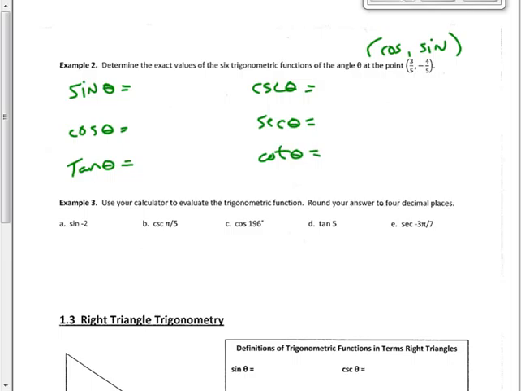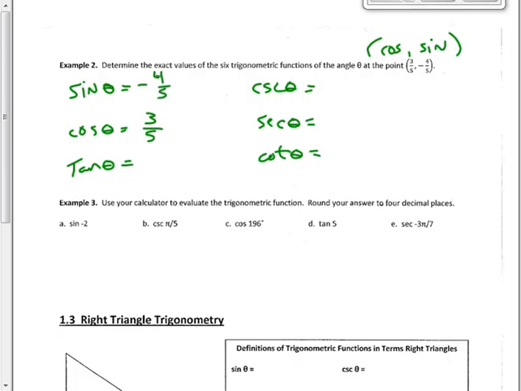Okay, and so this is the way that I want you to start thinking about it, but if you thought about it as x comma y, just like the last points we were doing, you could do that too. Okay, if you go back and you notice that all the points that we put for sine and cosine just came back to be what the x and y ordered pair were. So cosine was x, sine was y. That kind of is an easier way to take a look at these. So cosine and sine, we have those already then. So this is 3/5, this is negative 4/5.